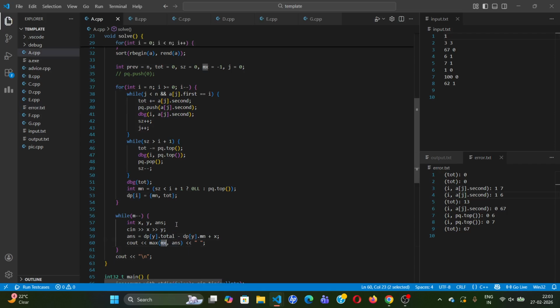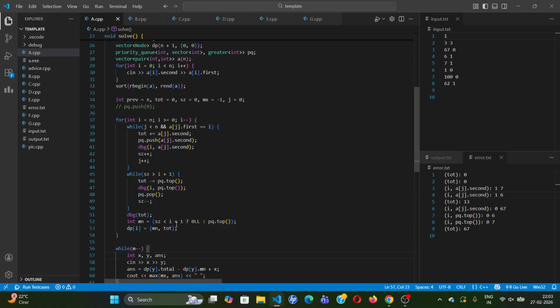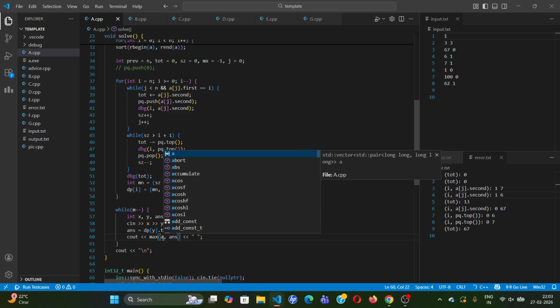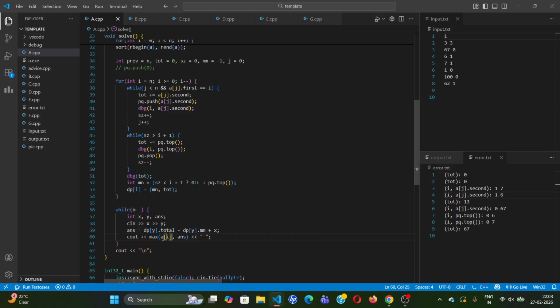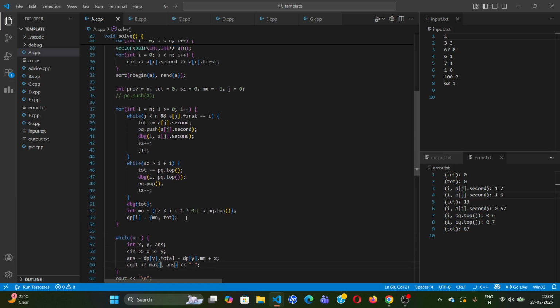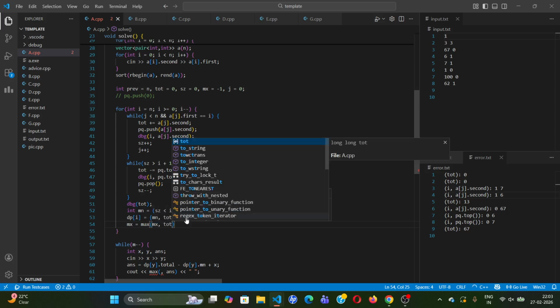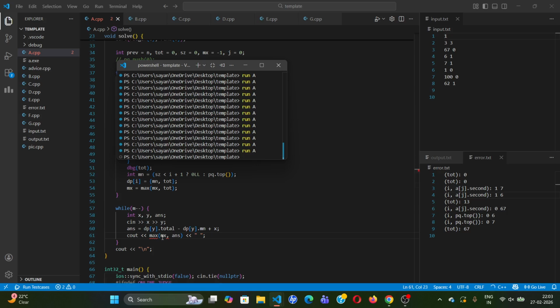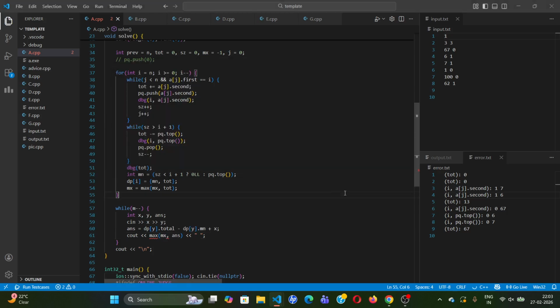What maximum is equals to 1. I think we should get maximum is okay. I think that was the problem.